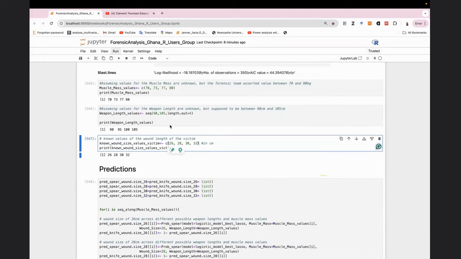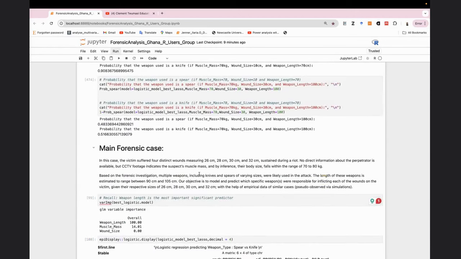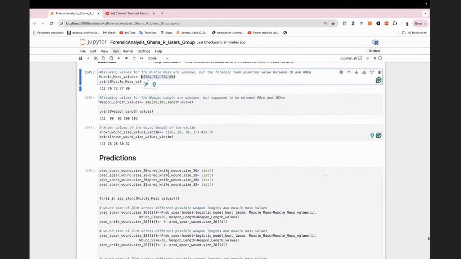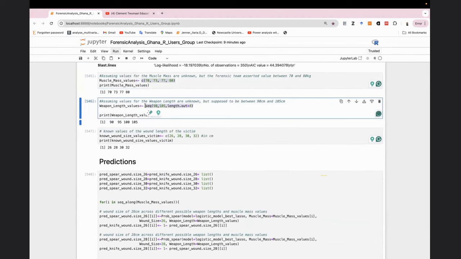So all I did was check just a few values ranging between 70 to 80. In terms of the weapon length, they said they don't know the exact weapon length, but it's estimated to be between 90 and 105. So I also decided to choose maybe 4 possible values. It doesn't have to be 4, it can be more, but I'm just choosing possible values ranging between 90 and 105.